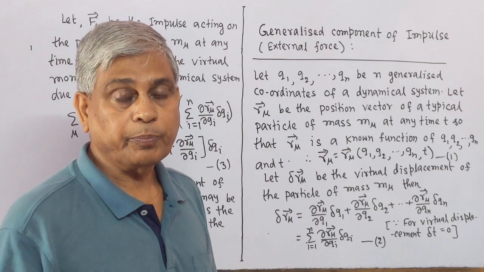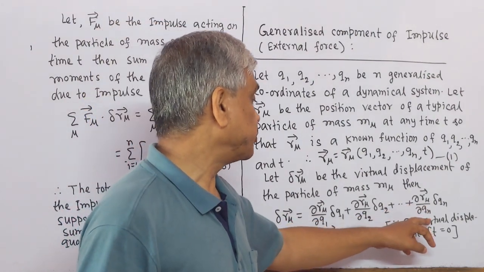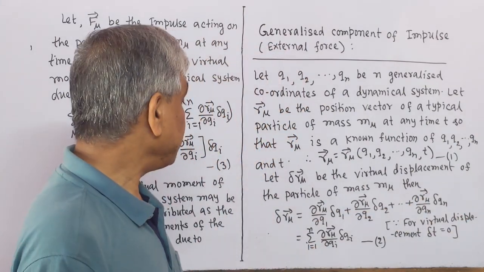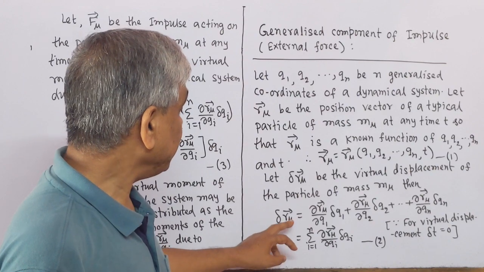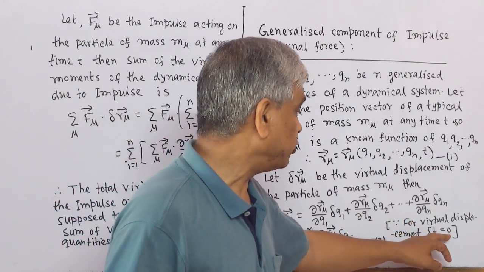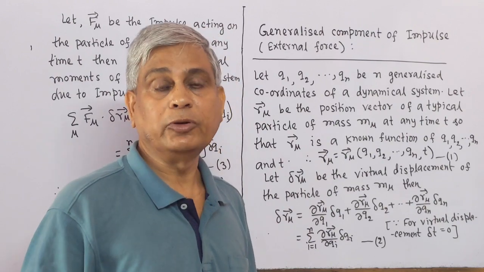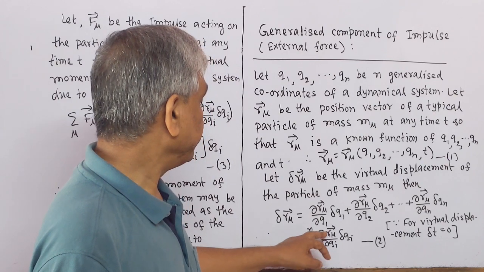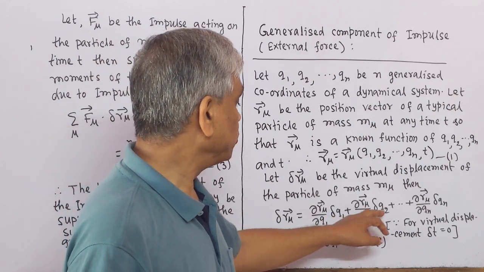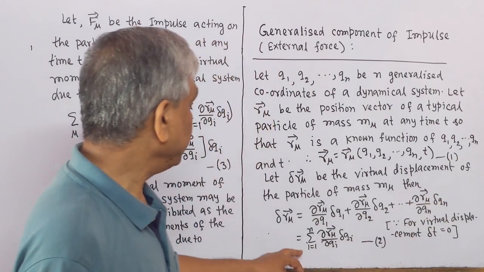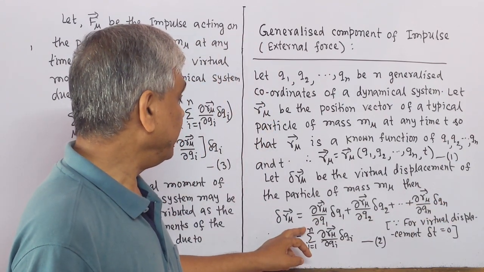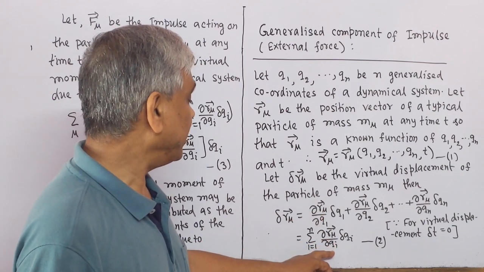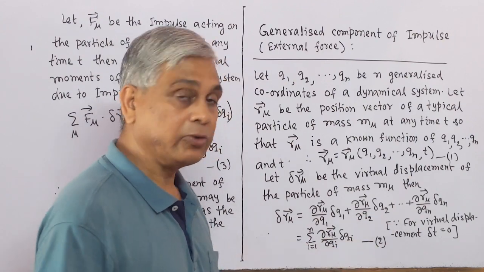We do not include the partial derivative of r mu with respect to t multiplied by delta t, because this is a virtual displacement, and in the case of virtual displacement delta t equals 0, so that term will be 0. We may write this in sigma form: sigma i equal to 1 to n, partial derivative of r mu vector with respect to qi, delta qi. This is number 2.